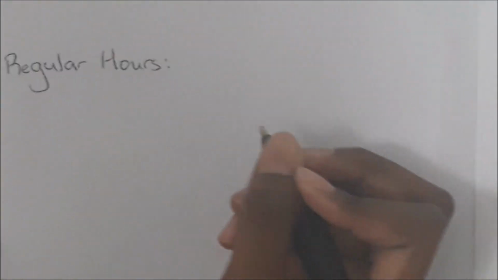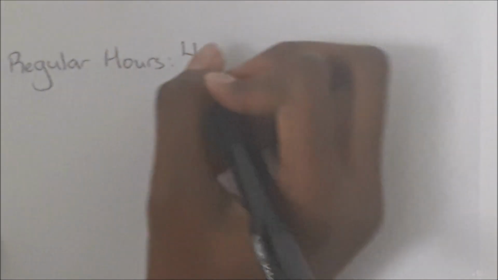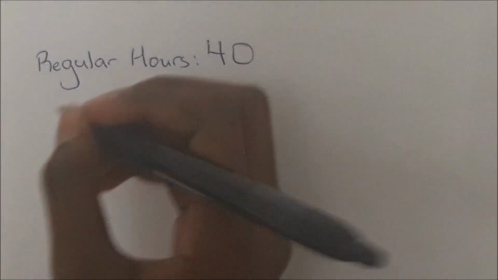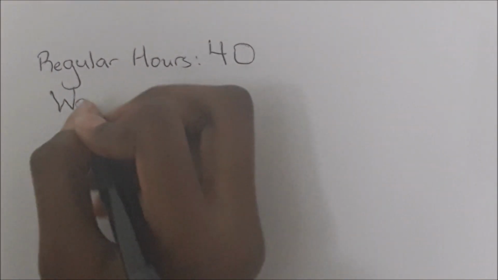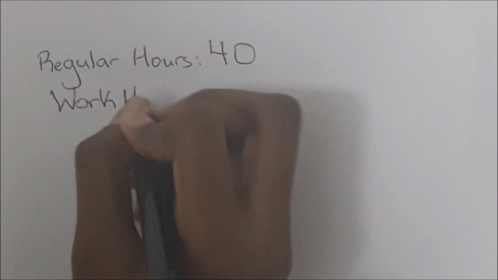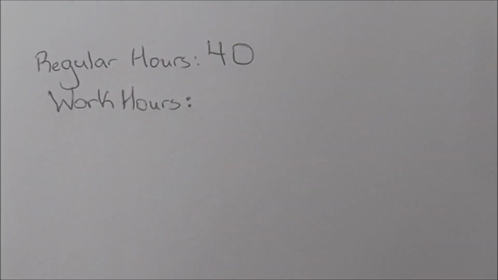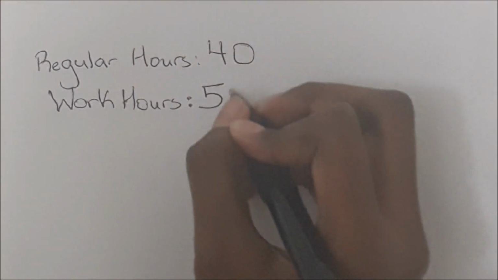And put the regular hours is 40. Then put the hours she worked. How many hours did she work? Put work hours under that. 52. She worked for 52 hours.